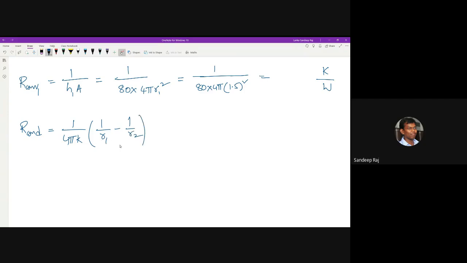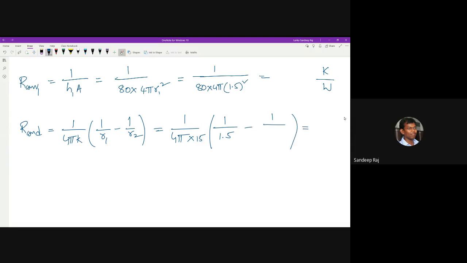Take these R1 and R2 values so that the whole value will be a positive value. So it is 1 by 4 pi. The K value of the spherical tank is given as 15 because it is stainless steel. It is 15 watt per meter Kelvin, and then the R1 value we have just taken as 1.5, and now you should know what the R2 value is.